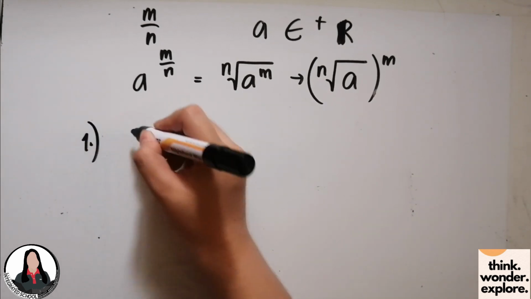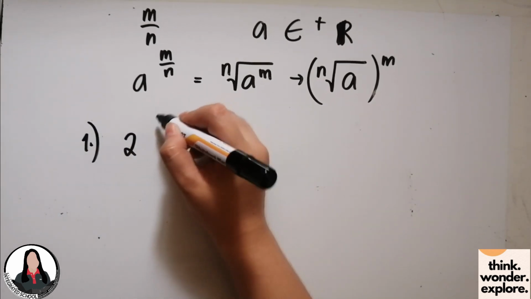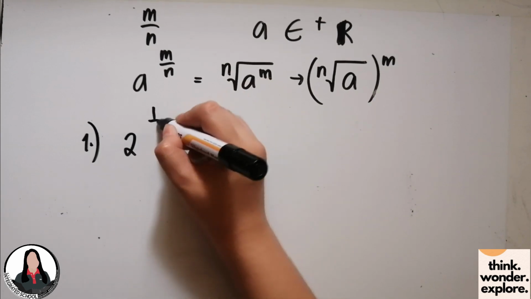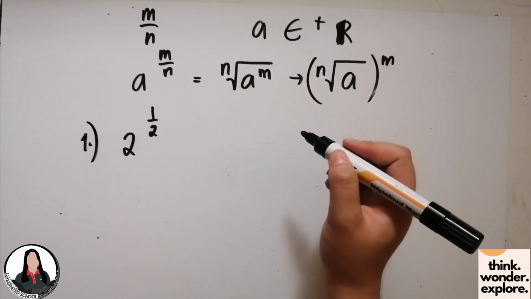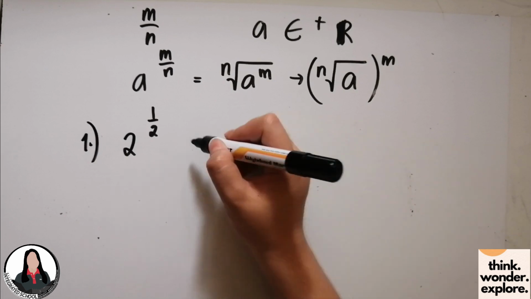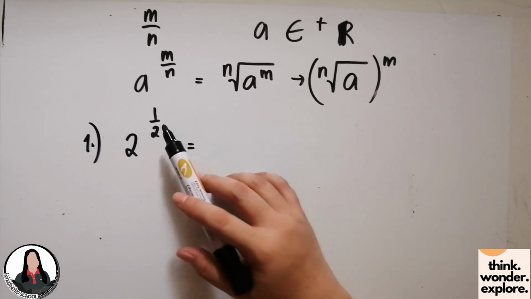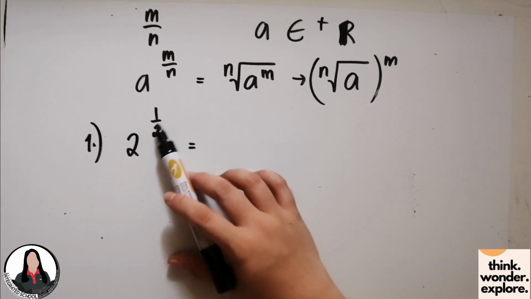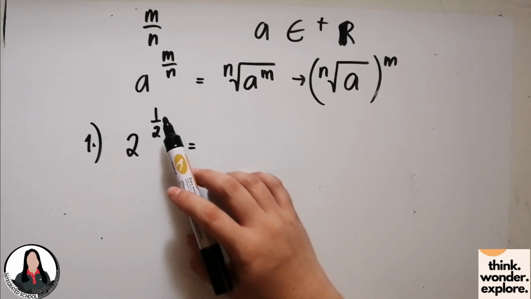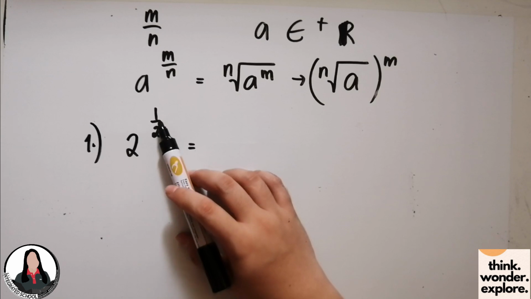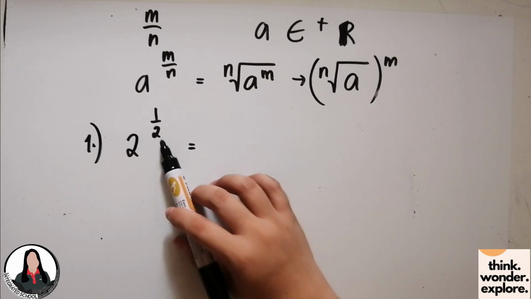module. So, number 1, we have to rewrite 2 raised to 1/2 into a radical expression. So, para ma-rewrite natin siya, kailangan yung unang gawin is to find the denominator of the exponent. So, in this case, that is 2. This will serve as the n.